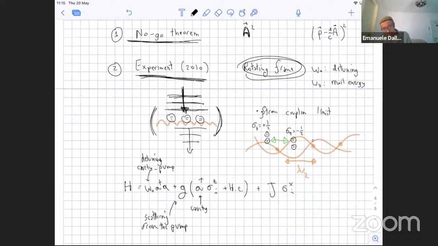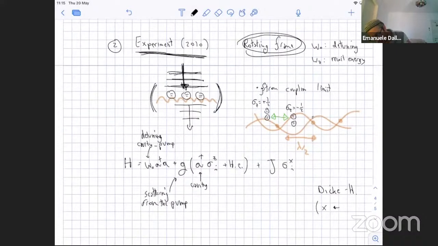And now, when you look at this Hamiltonian, this is exactly the Dicke Hamiltonian. Of course, we have swapped the roles of x and z, but who cares? If you go back to the Dicke Hamiltonian, we had here sigma x and here sigma z.